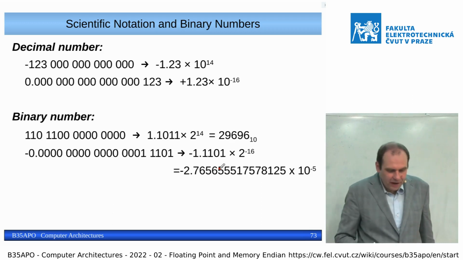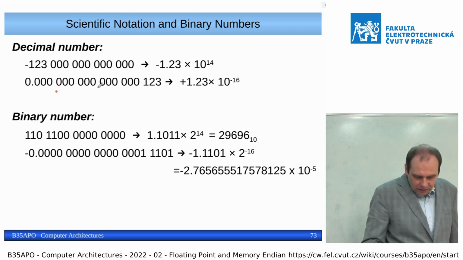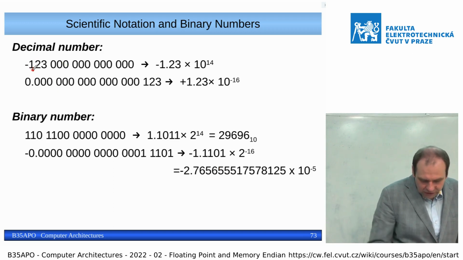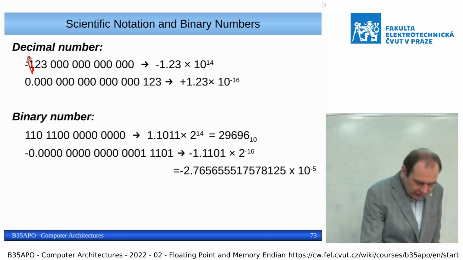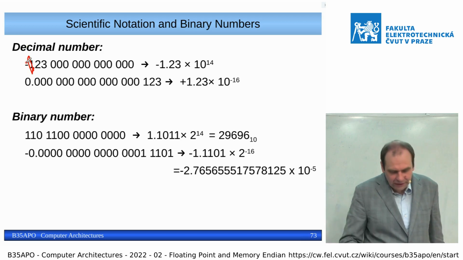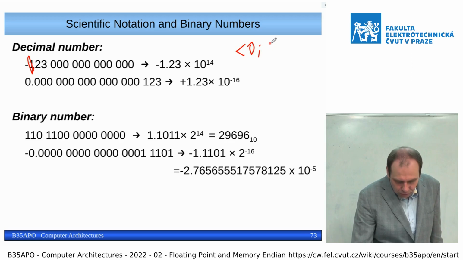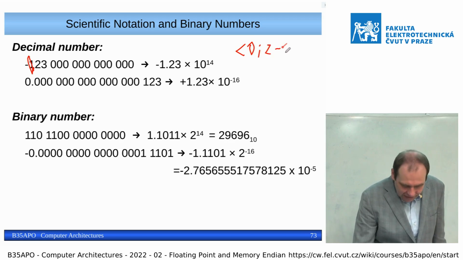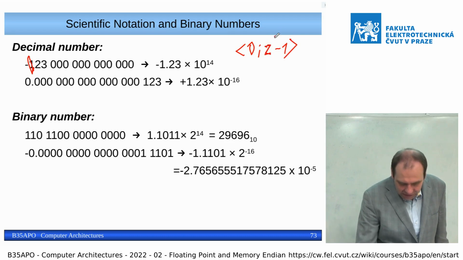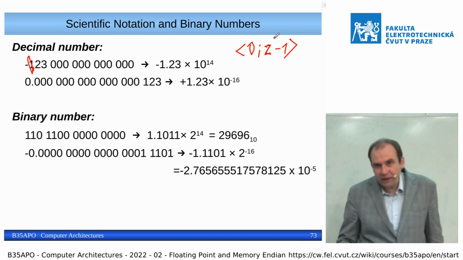Anyway, if we want to rewrite a decimal number, then you know that scientific notation defines that the most significant digit, the first non-zero digit of the number, has to be in the range 0 to z minus 1, which is base minus 1.